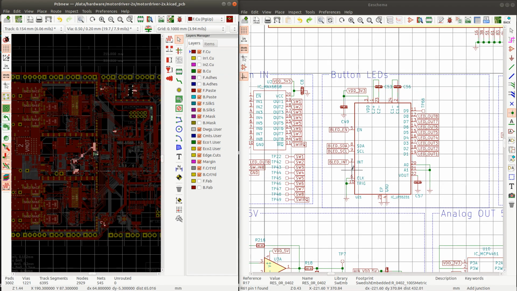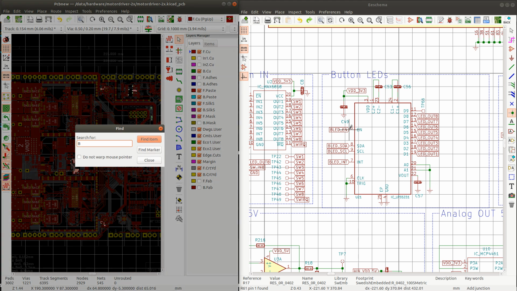Does it have a reset signal? I'm going to check the enable line.